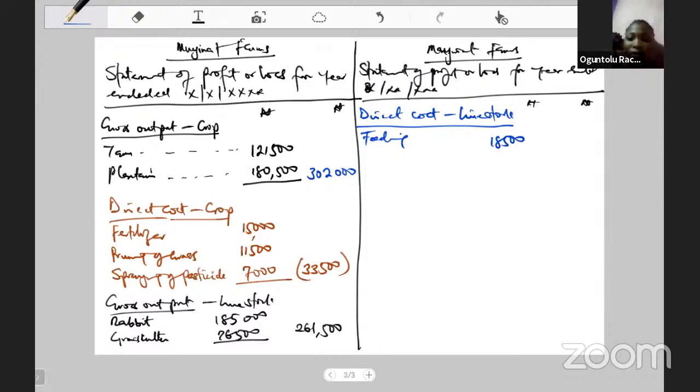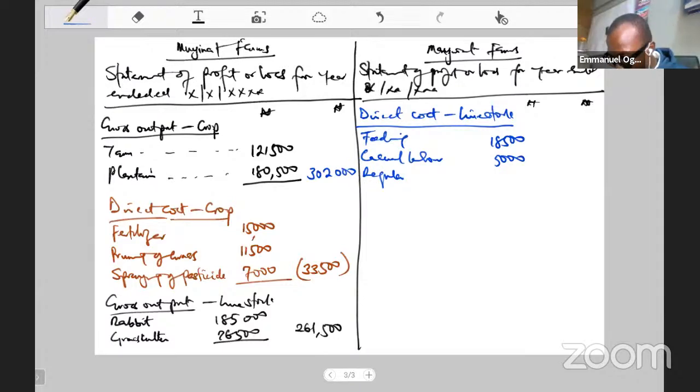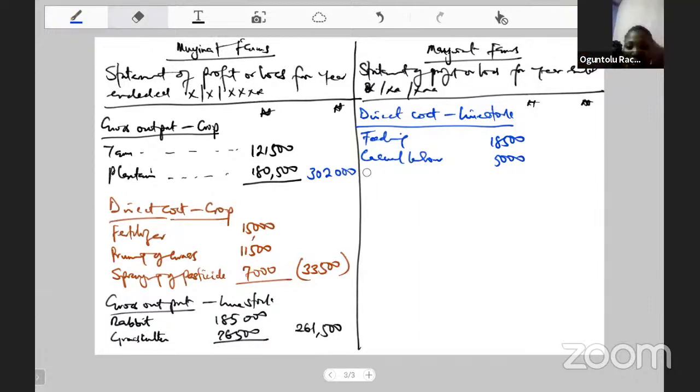Next. Casual labor. How much? 5,000 naira. Next. What do I have? Medication and drugs. How about regular labor for livestock? Do we consider it? No. Regular labor is an operating expense, so it's not going to be there.